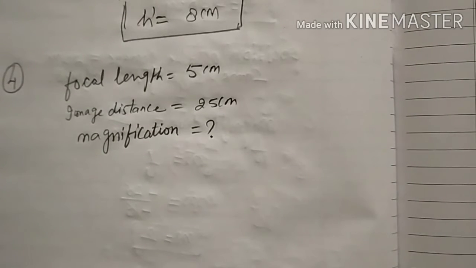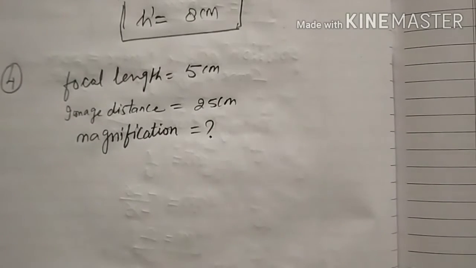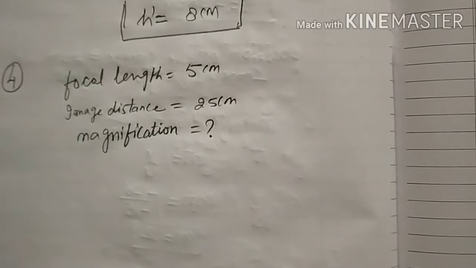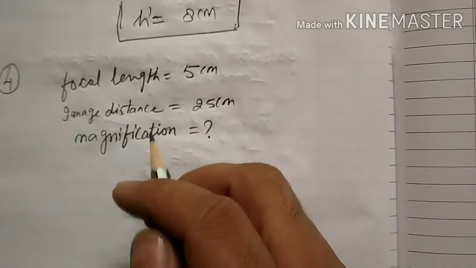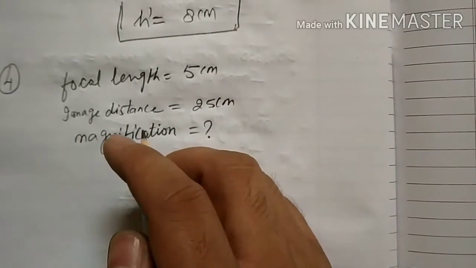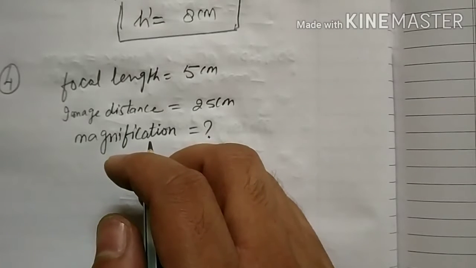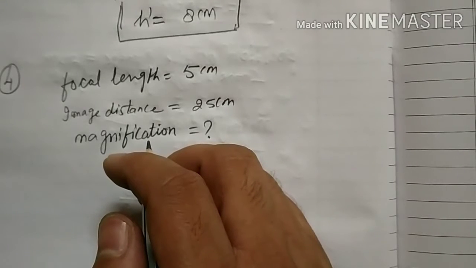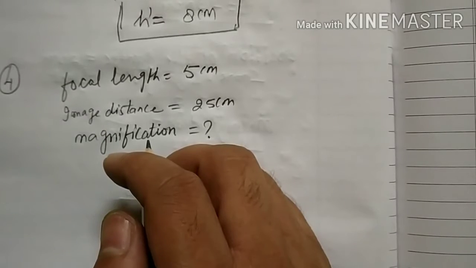Now dear students, I'm taking the next question, question number 4. I'm reading it so that you can understand what is given in the question. A small object is so placed in front of a convex lens of 5 centimeter focal length that a virtual image is formed at a distance of 25 centimeter.